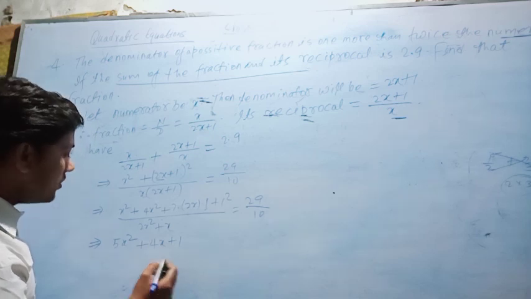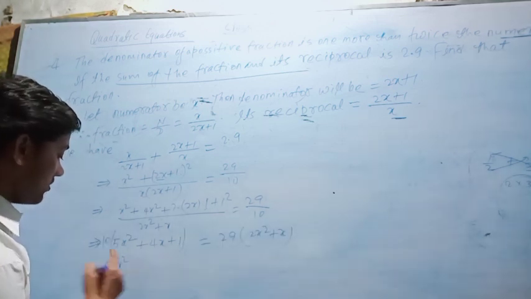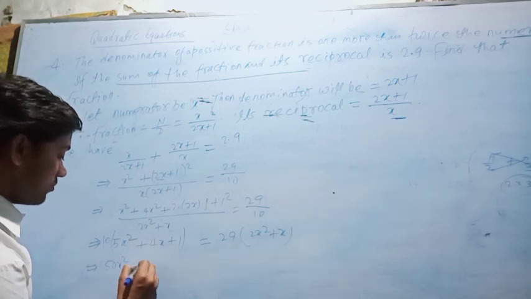Cross multiplying: 50x square, 10 into 4 is 40x, 10 into 1 is 10, minus 29 times 2x square plus x, which gives 58x square minus 29x is equal to 0.